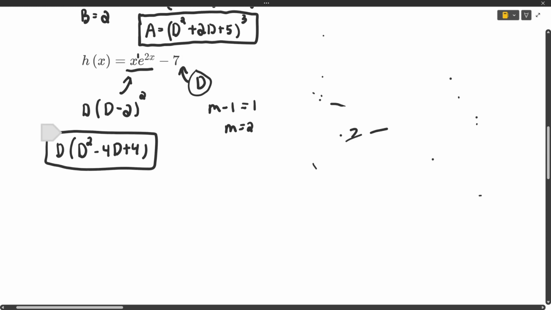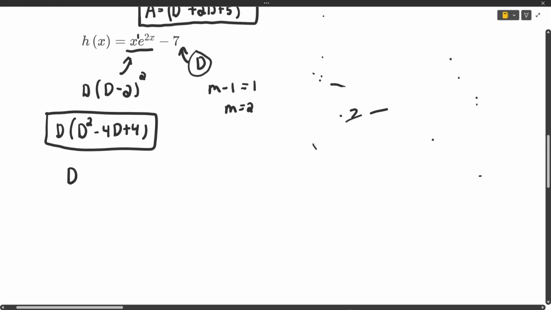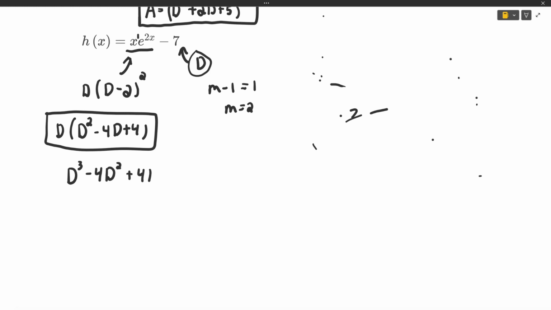Now I'm going to go through that real quick and prove it. So we have d cubed minus 4d squared plus 4d should theoretically annihilate this function.